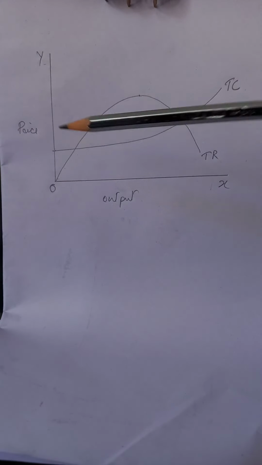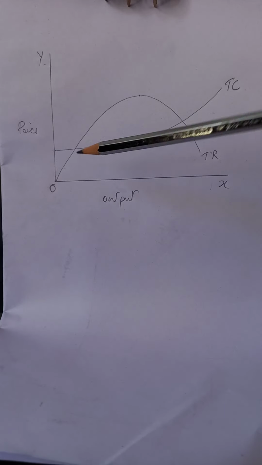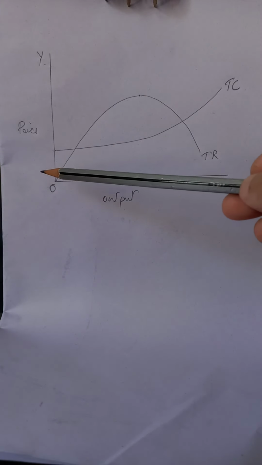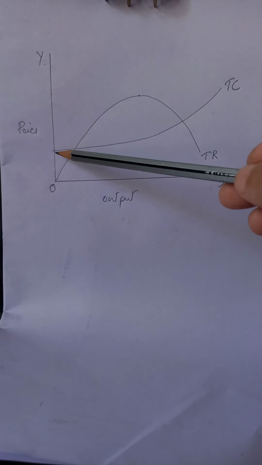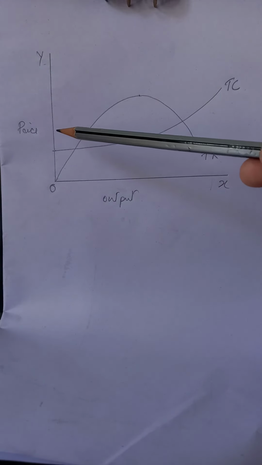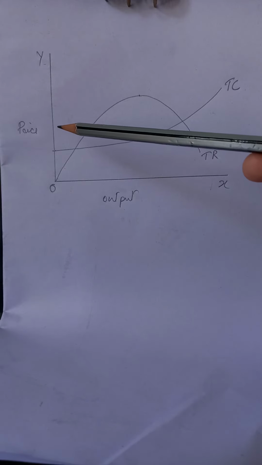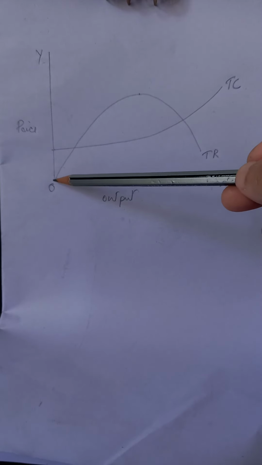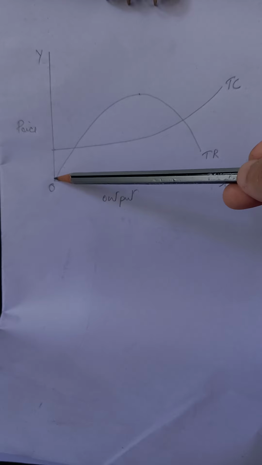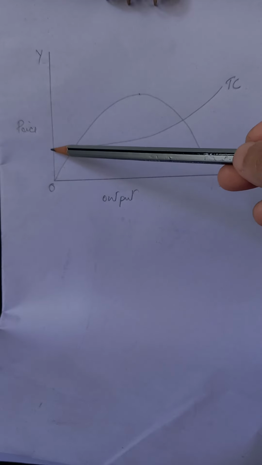On the other hand, if you look at the total cost curve, it does not originate like the TR curve, but instead originates from the y-axis. This is because the total cost is the sum of the total variable cost and the total fixed cost. As we know, even if the output is zero, some cost needs to be incurred. Can you see this portion over here?